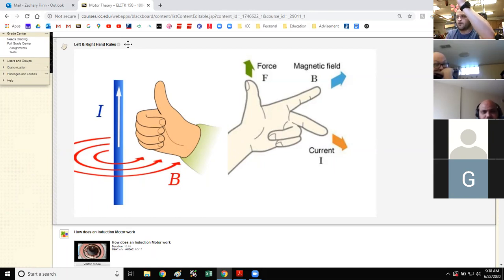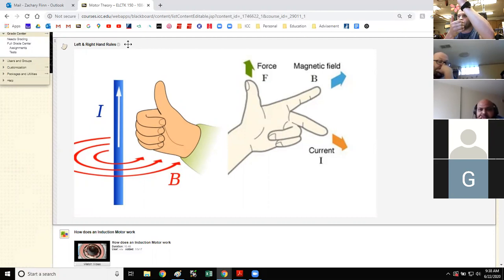So anytime you have current, you have magnetism, anytime. I'm not going to get into magnetic lines of flux, but maybe I will later. So that's the first rule, the right-hand rule. The direction of magnetic flux around this wire goes in the direction of my fingers if my thumb is pointing in the direction of current.